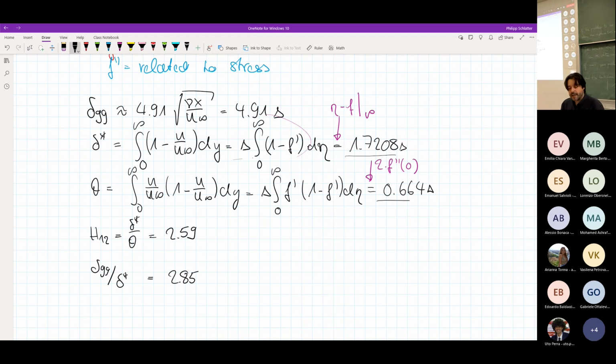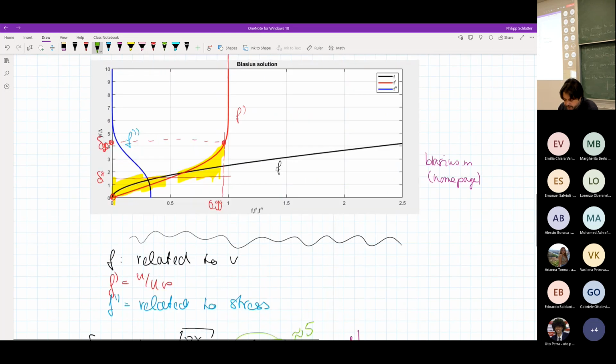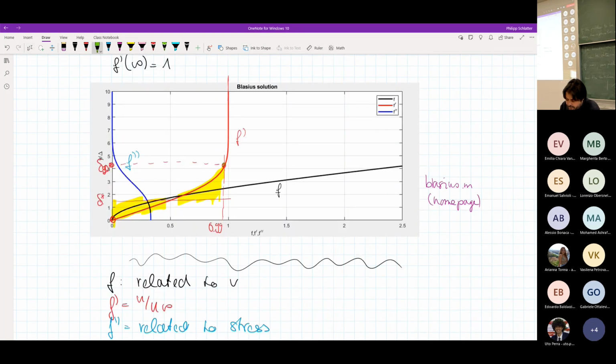Okay, so I can do all of this. There are perhaps 2 numbers that are relevant that you may need to remember. The first important number is this one here, and this is approximately 5. That means delta 99 and the Blasius length scale, this delta, differ by a factor of 5. Or to put it in different words, delta 99 for the Blasius boundary layer is 5 in terms of delta.